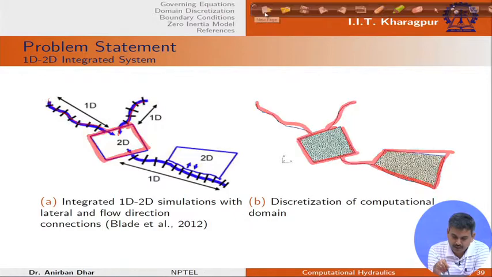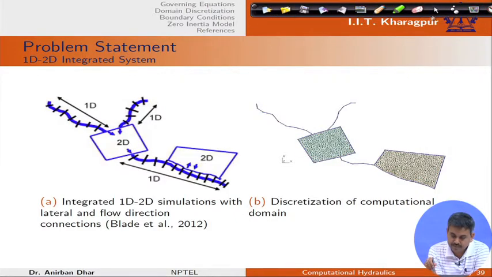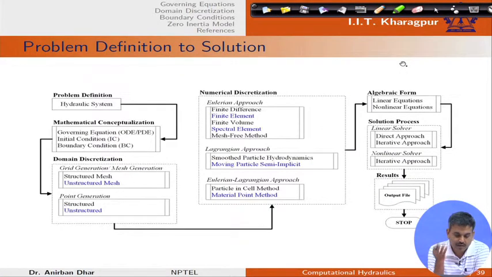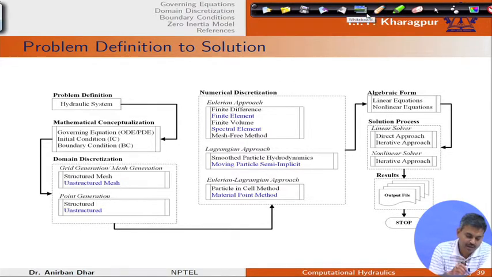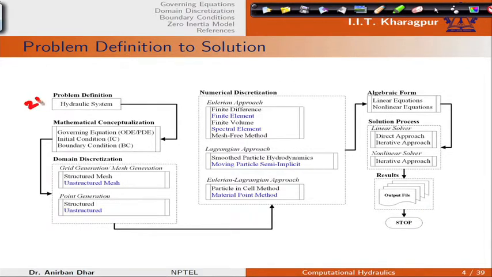Now, in this case, let us consider our main core structure. In this one, our hydraulic system is 2D, or that is our mathematical conceptualization. So, we need to write 2D governing equations.